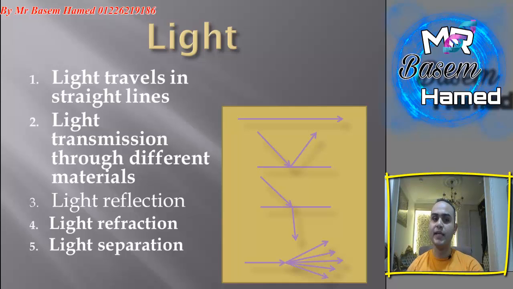I will explain that. Number three, light reflection. Reflect means that it returns back again. Light refraction, as light can change its direction. Light separation.